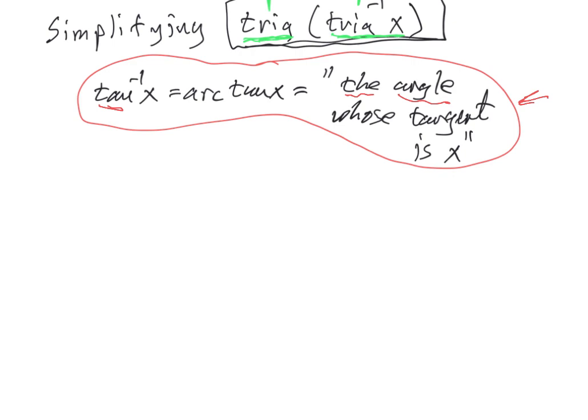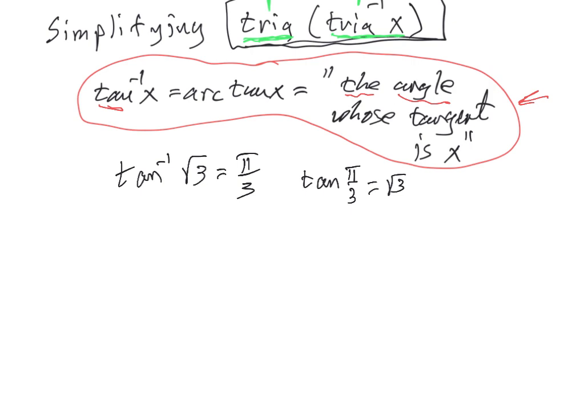So, for example, the inverse tangent of the square root of 3 is pi over 3. It's the angle whose tangent is the square root of 3. This is just restating a fact that we all knew: the tangent of pi over 3 is the square root of 3. You remember working that out, pi over 3 being an angle in a 30, 60, 90 triangle, or the interior angles in an equilateral triangle.